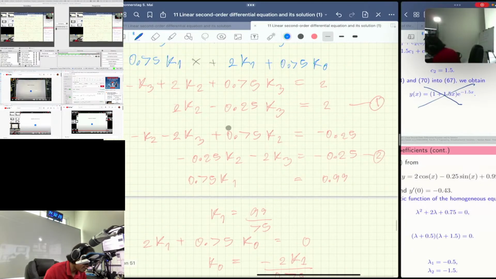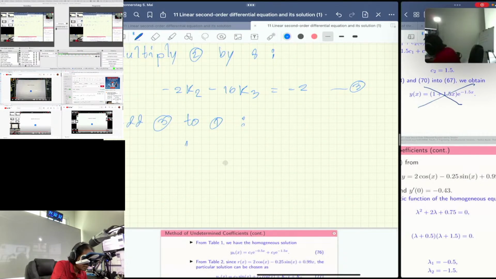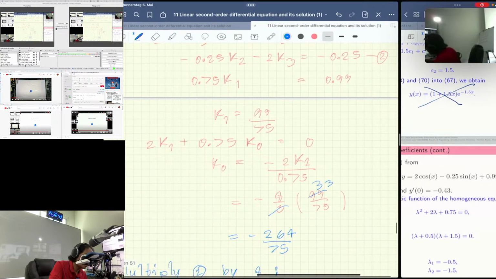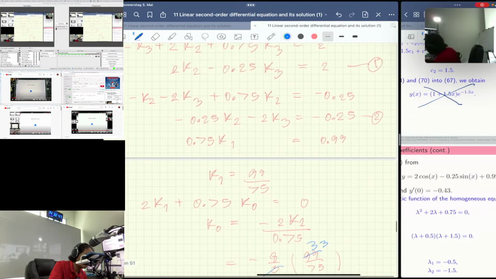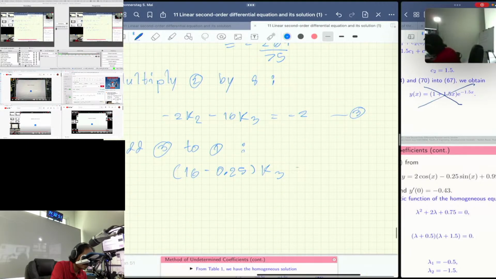And here you have 16 minus 0.25 K3. And on the right hand side, you get negative 2 and 2, so you get 0.